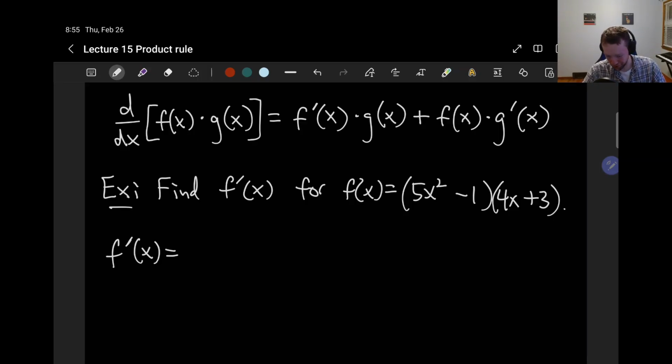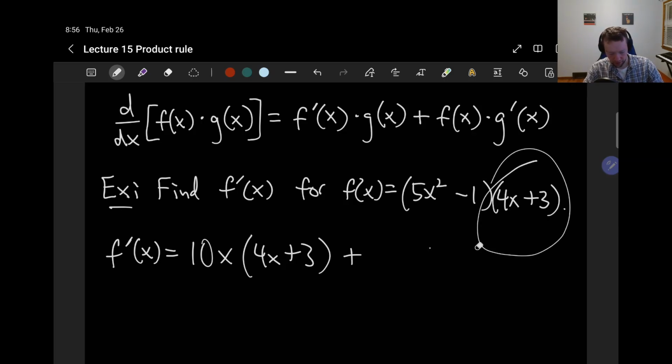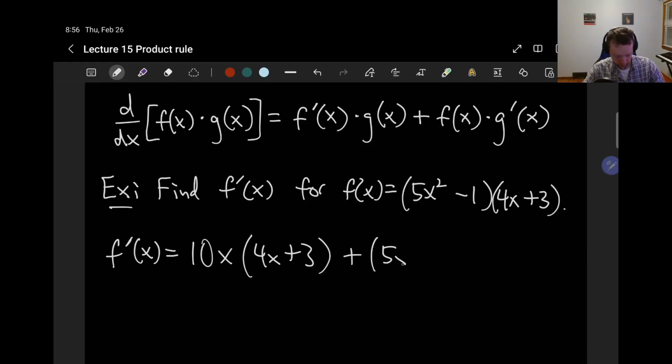It's just at this point we've really only learned polynomials, but we'll get to more stuff. All right, so derivative of the first piece would be 10x. Remember, the derivative of minus 1 is just 0 because that's constant. Times just 4x plus 3 left alone. Then plus, now we'll leave this part alone, but take the derivative of the other one, which is just 4.